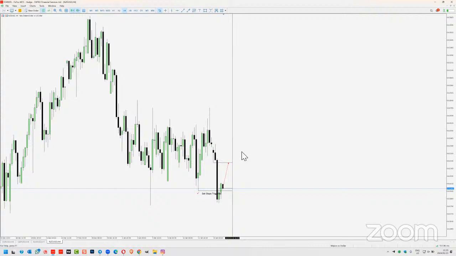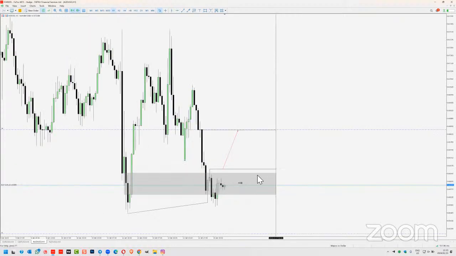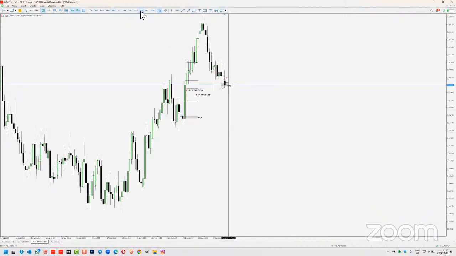So looking for price again to trade into discount for a further push to the upside. Right. So longs are ideal on Aussie dollar and NZD dollar. Longs are ideal on this asset here. So yeah, I think that's pretty much about it. I only got pound yen.